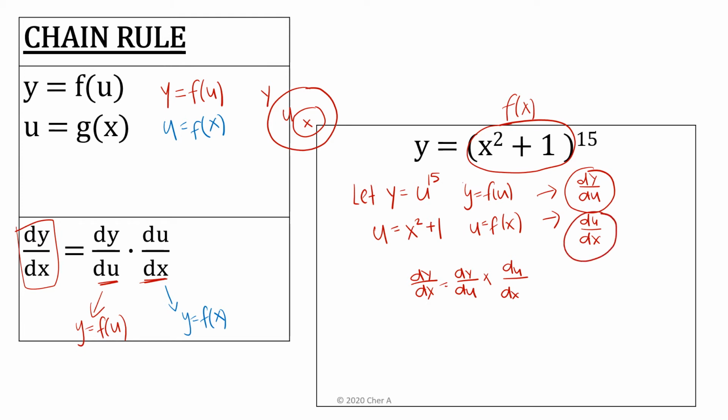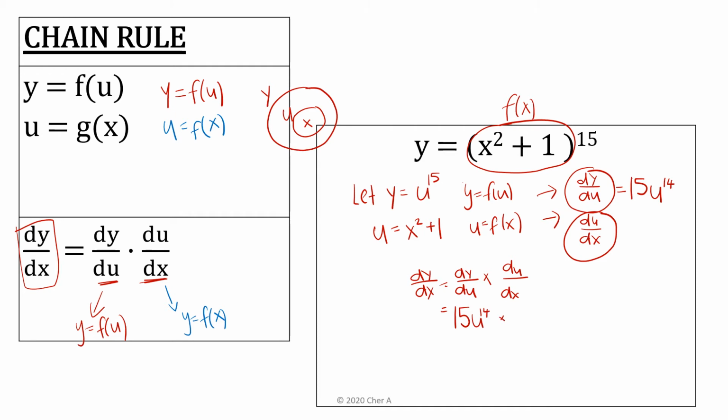To differentiate y equals u to the power of 15, I'll bring down my power 15, u remains, and my power minus 1, which is 15u to the power of 14. I'll write it down here first.